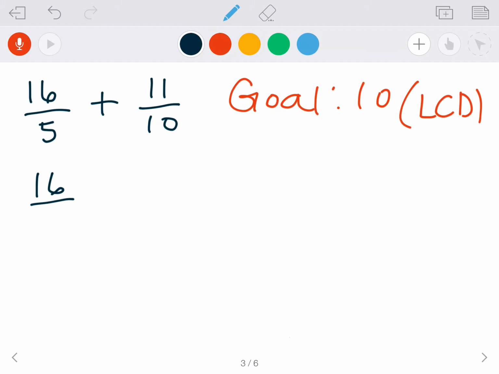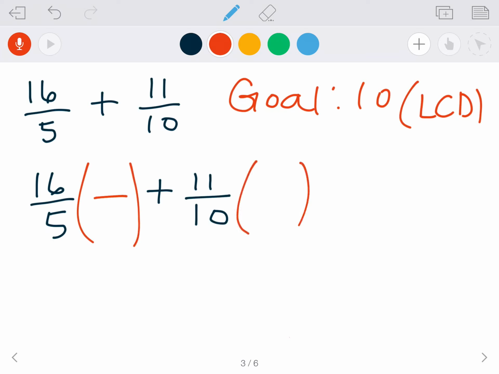Okay, so 16 over 5, I'll leave some space, and 11 over 10. All right, so in the first fraction, 16 over 5, we need to put a 2 here because 5 times 2 is 10. Remember that we want this number in red to be a form of 1.